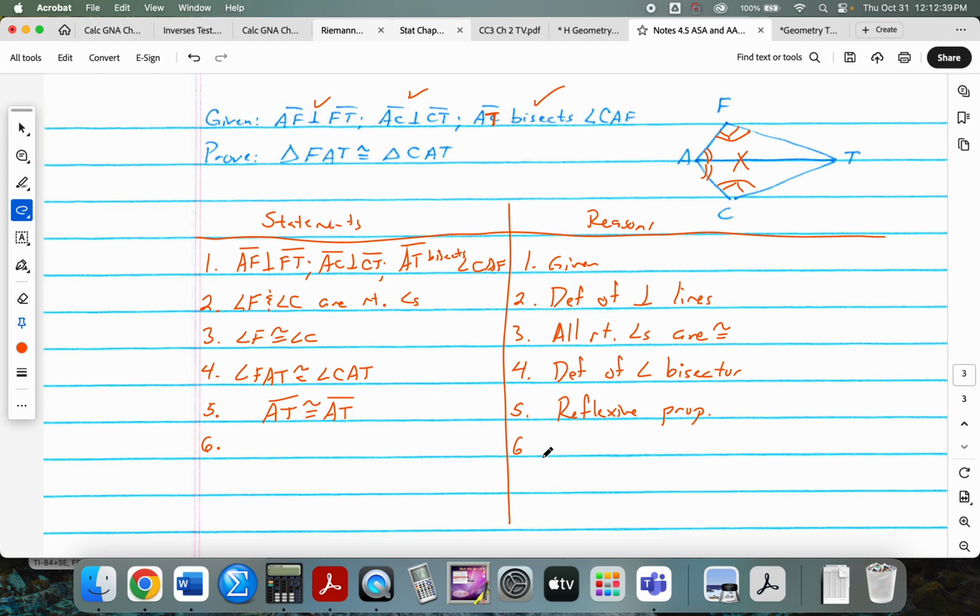Well, now I've got three pairs of congruent things in my triangle. That should be enough. How can I prove my two triangles congruent? AAS. Yeah, angle, angle, side, because the side is not between the two angles.